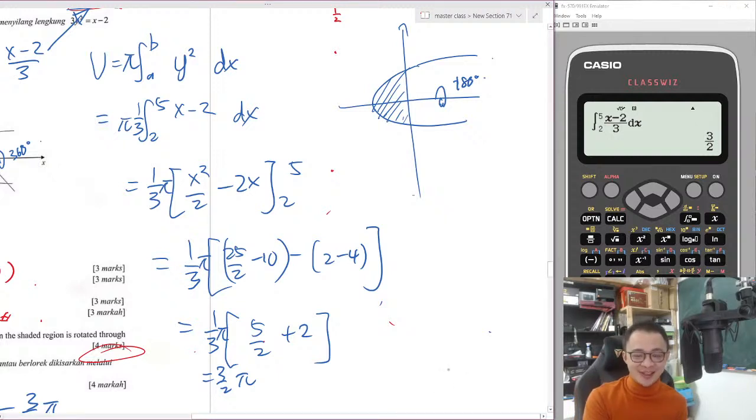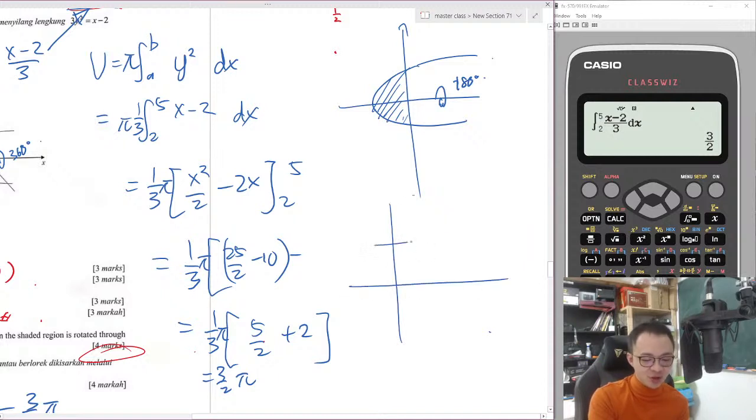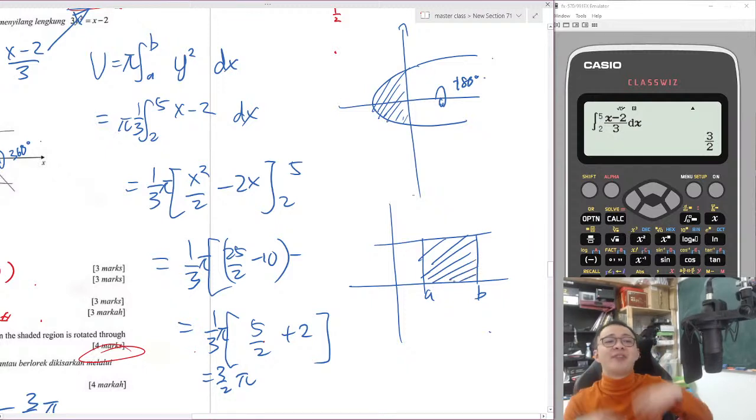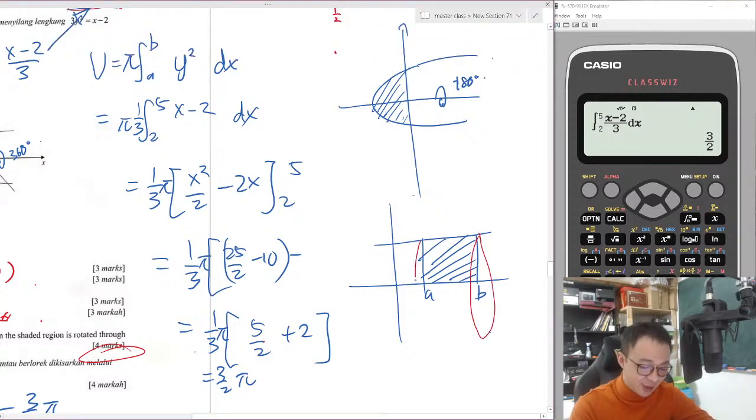When to use the cylinder? Okay, here you just need to understand when to use cylinder and when to use cone. Basically, if you have a straight line, let's say A to B, they will give you a rectangle, right? Whenever you rotate a rectangle, you are getting a cylinder.